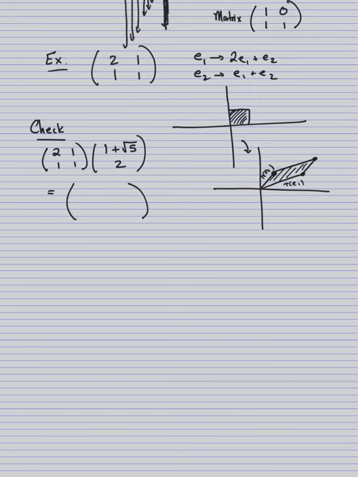So this is 2 plus 2 square roots of 5 plus 2, and then 1 plus square root of 5 plus 2. So we get 4 plus 2 square roots of 5, and then 3 plus square root of 5. Okay, so that seems sufficiently random at this point. Okay?